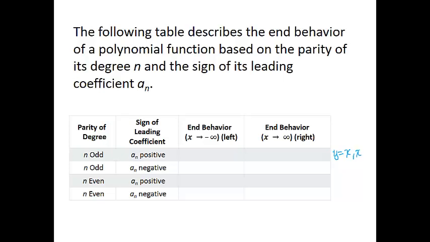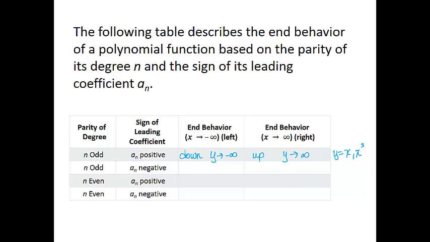If you can get that basic shape in your mind, then that tells you that to the left the graph goes down and to the right the graph goes up. So as x goes to negative infinity, y goes to negative infinity, and as x goes to infinity, y goes to infinity.